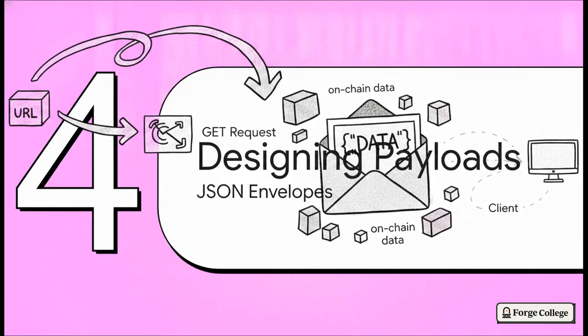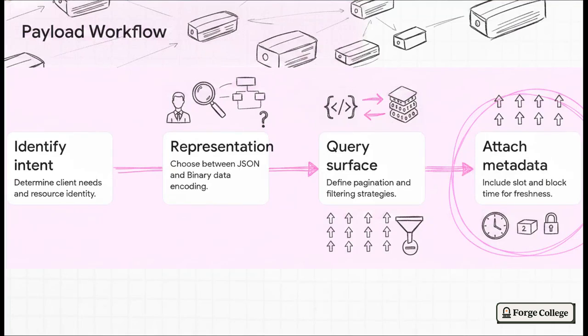Okay, Section 4, Designing the Perfect Payload, JSON Envelopes. We have our URL and our GET request. Now let's examine the actual payload, the JSON envelope that securely packages our on-chain data for its journey back to the client. You can consistently design flawless, professional-grade endpoints by just following this clean, four-step engineering loop.